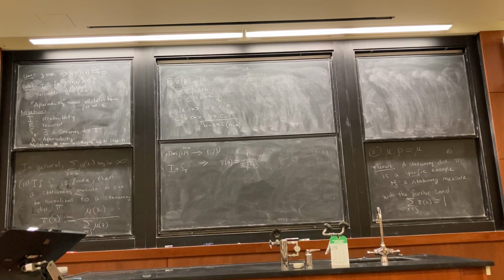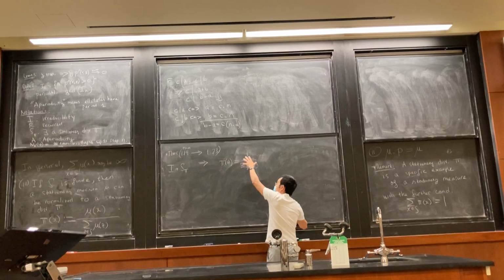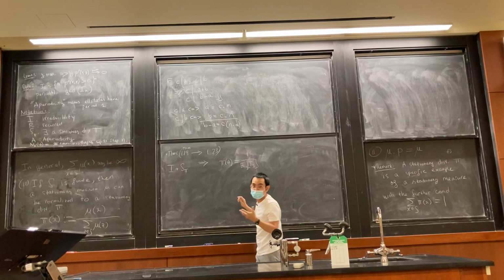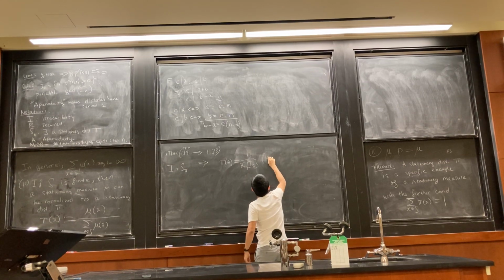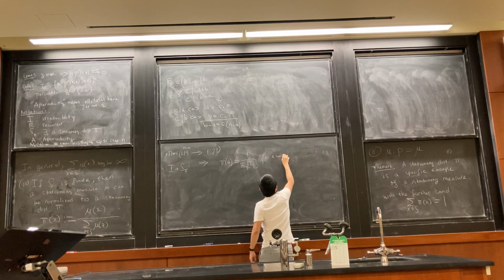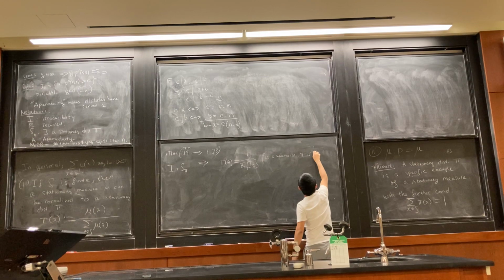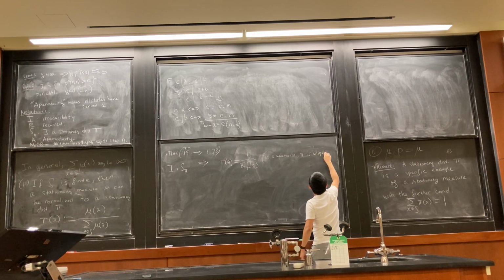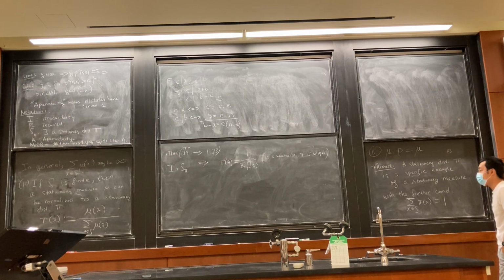As a consequence, that pi is unique, because it must be given by that number, and that number is the one and only one. In other words, if I have another stationary distribution, then they have to be the same.